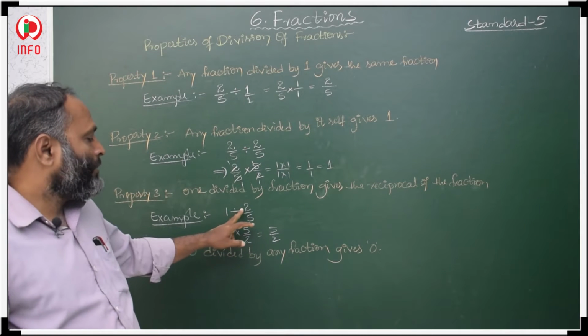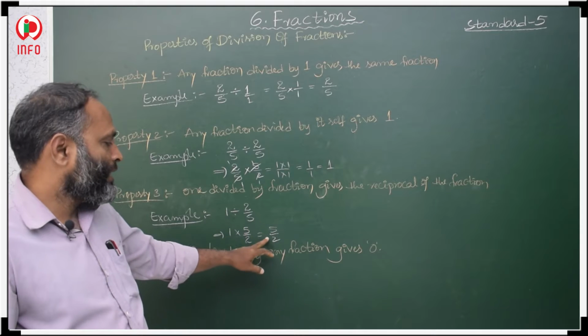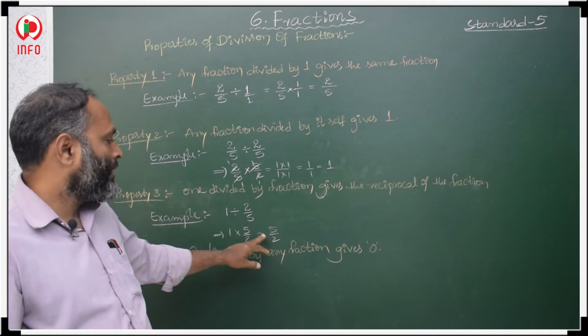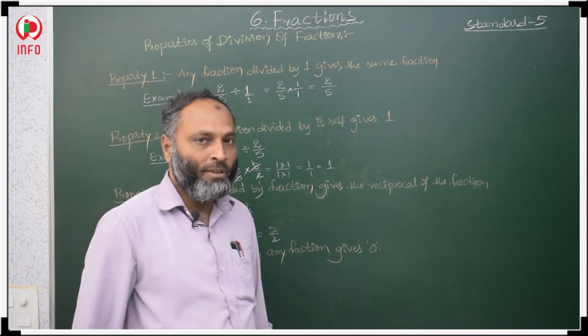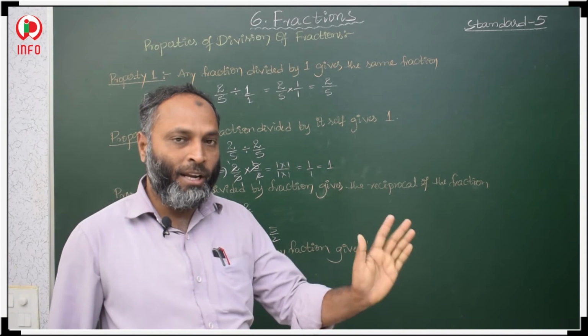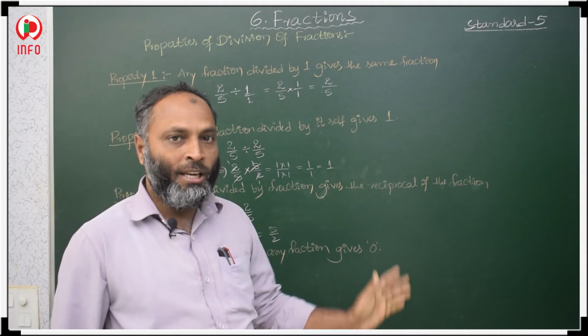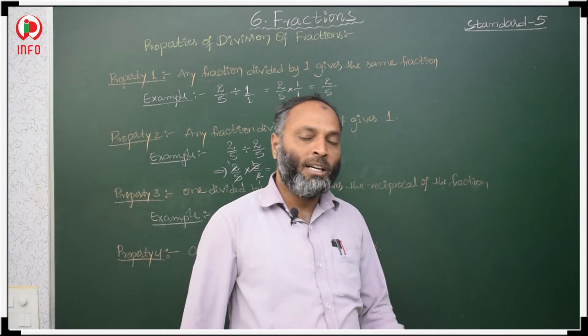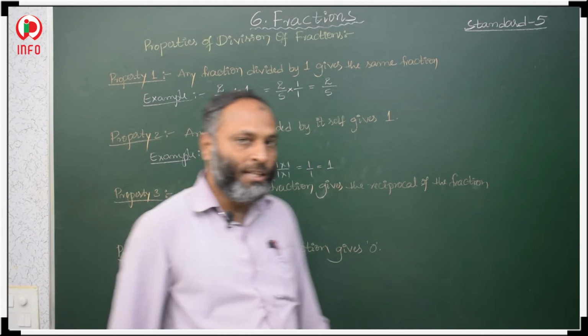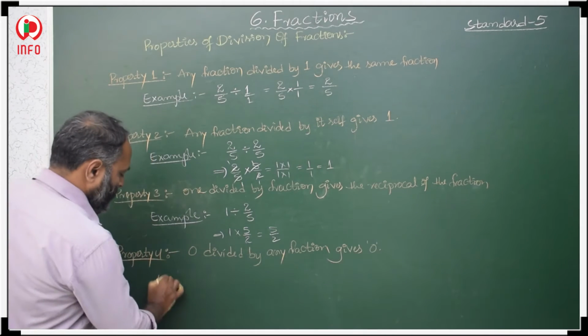If 1 is divided by any fraction, then you will get the reciprocal of that fraction. The reciprocal of 2 by 5 is 5 by 2. So your answer is the reciprocal of that divisor. This is the third property.